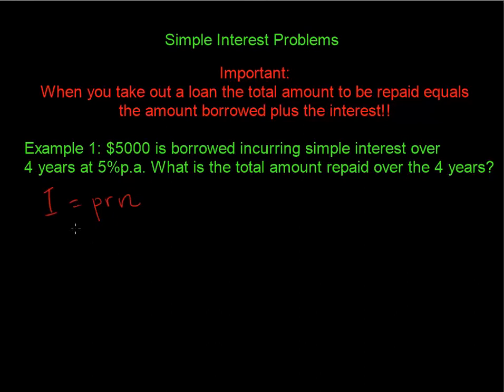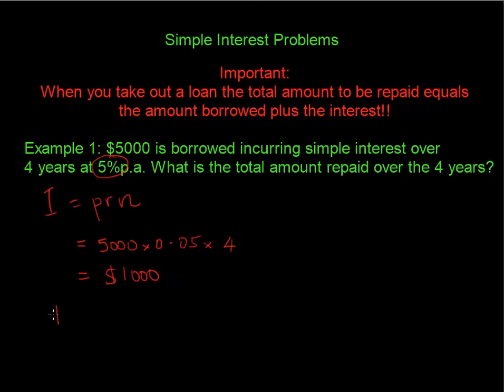The principal amount is 5,000. That's how much they've borrowed. The interest rate is 5%. Remember, we have to write that as a decimal, 0.05. And the number of years is 4. So the total interest that has to be paid is $1,000.